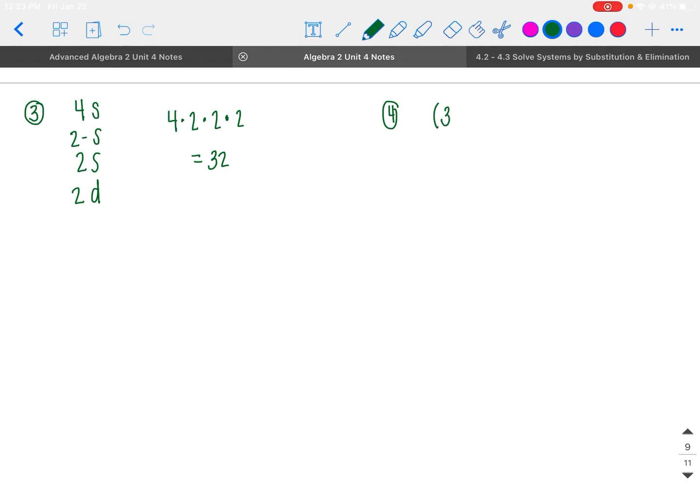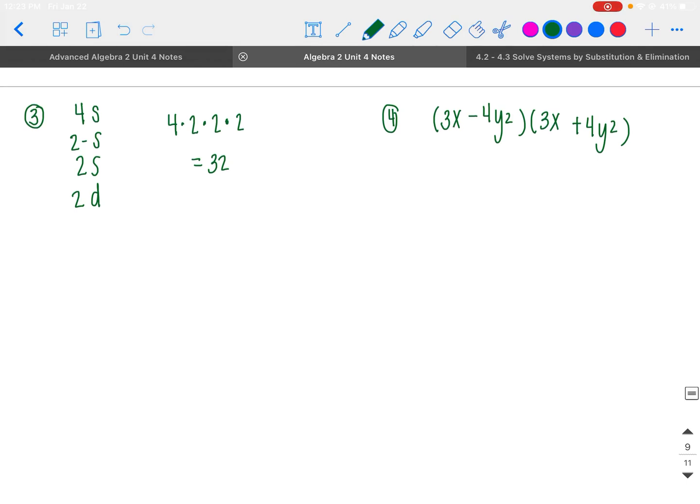Question number 4, we have difference of squares. 3x minus 4y squared and 3x plus 4y squared. So one way that we could solve this is by double distributing. 3x times 3x is 9x squared. 3x times 4y squared is 12xy squared.